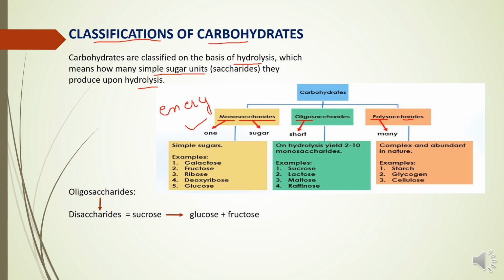When monosaccharide sugars undergo hydrolysis, they cannot give any sugar molecule because they are composed of only one sugar, so they give only energy. Examples of simple sugars are galactose, fructose, ribose, deoxyribose, and glucose.